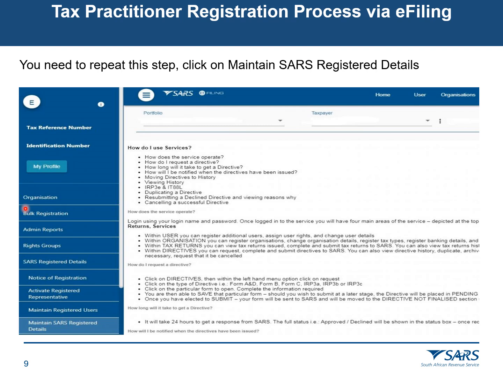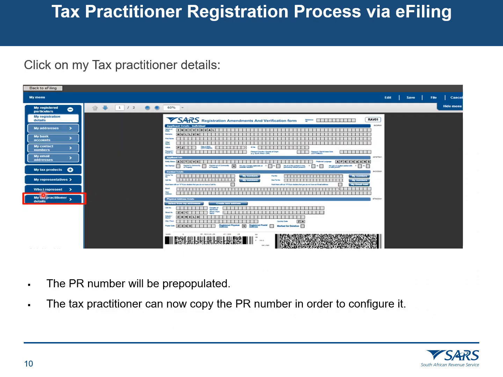So once again, you would click on the Home button. You'd click on Maintain SARS Registered Details. You'd click on My Tax Practitioner Details. Once this has been done, the PR number will now be pre-populated.